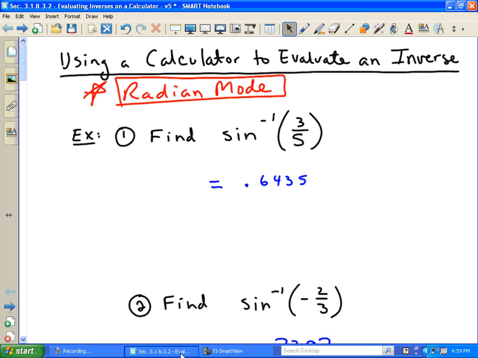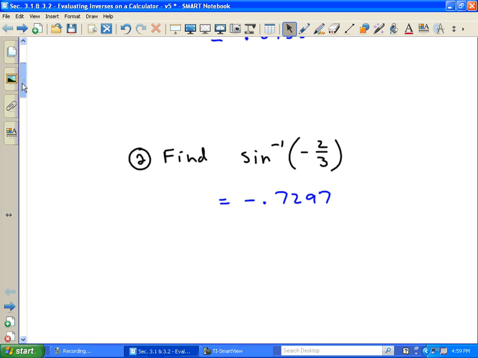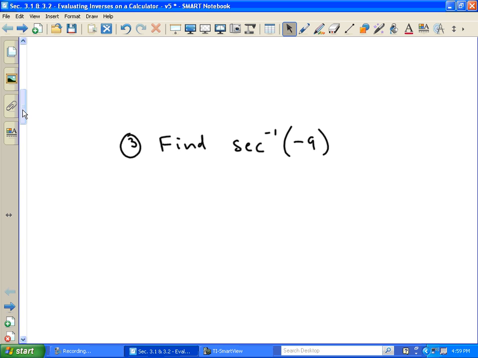Alright, now from here, there are some tricks when it comes to doing inverses that are not shown on your calculator. In other words, your calculator doesn't have a button for inverse secant. Now, the first thing I need you to know is what this is not equal to.